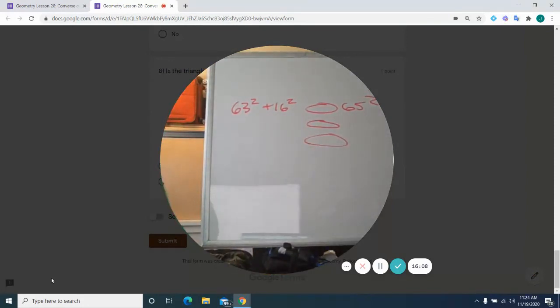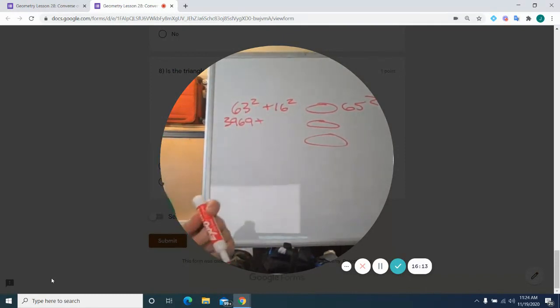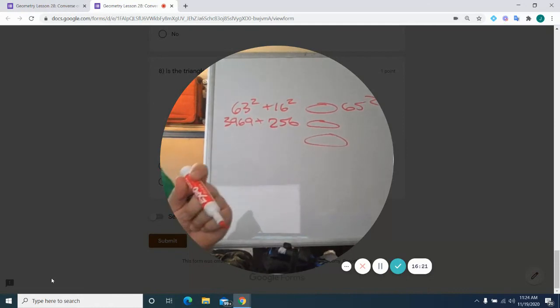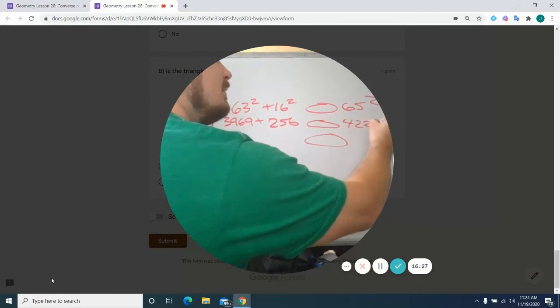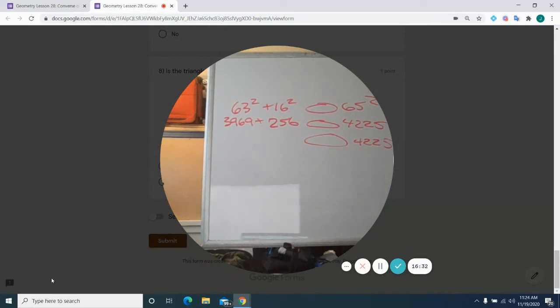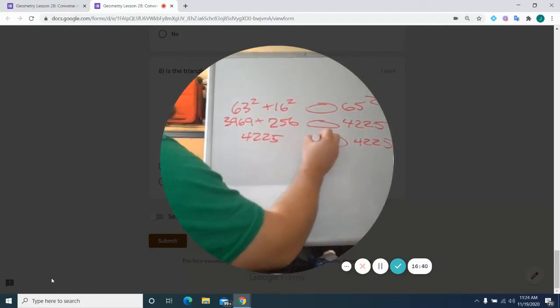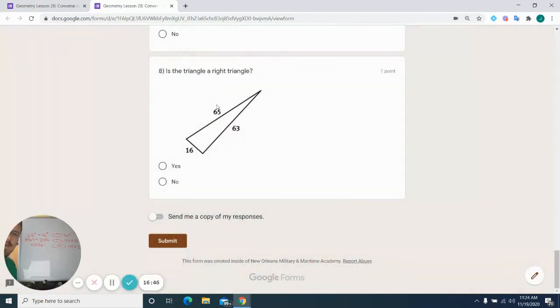Okay, so 63 squared, 3969, plus 16 squared, 256, and then 65 squared, 4225. Okay, add up 3969 plus 256, and we get 4225. 4225 certainly equals 4225. So is it a right triangle? Yes, it is a right triangle.